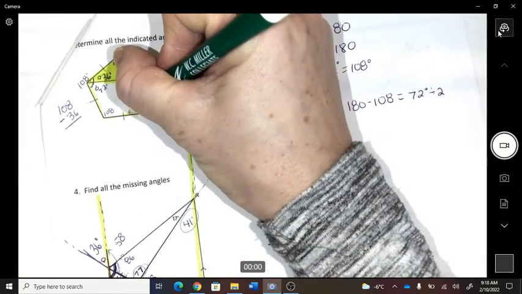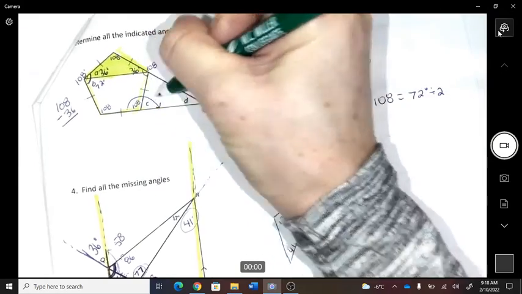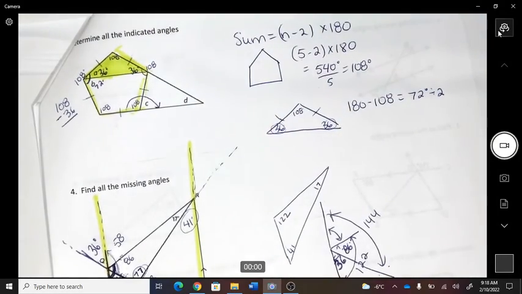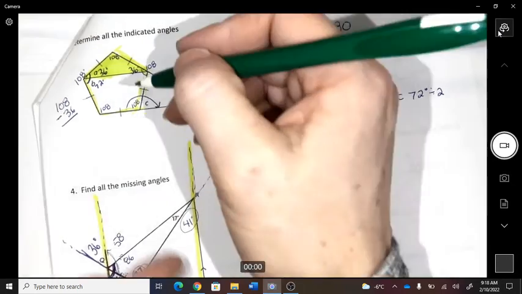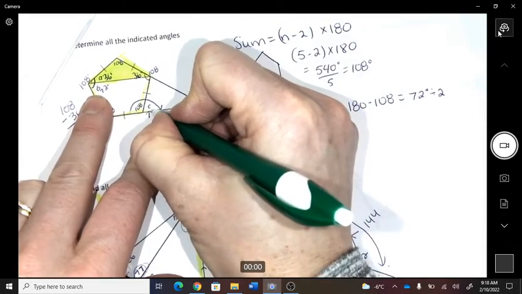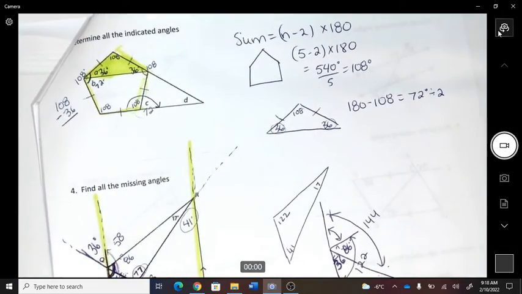Okay, I'm going to go for C now. How will I get angle C? There's 180 in there. So those two have to be 180.